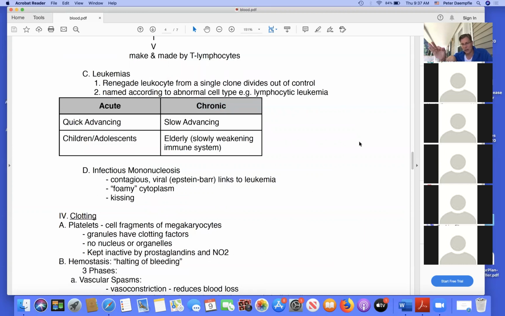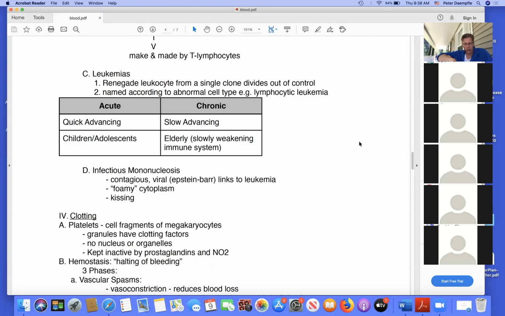Acute means sudden onset, comes quickly advancing, and that's mostly in children and adolescents. One might say it's almost more dangerous than the chronic. Chronic means long-term. It's slowly advancing, can advance for 10 years. In the elderly and slowly weakening immune systems, you have the chronic leukemia, where it's a slow deterioration and a slow buildup of the white blood cells.